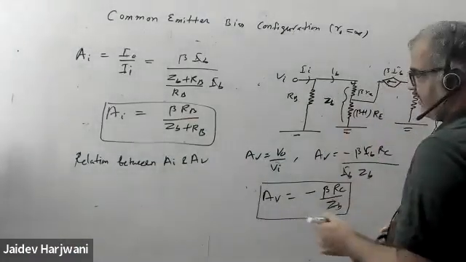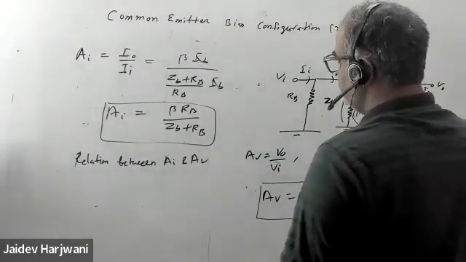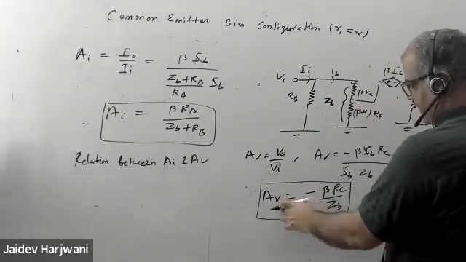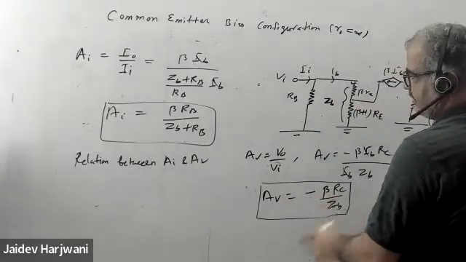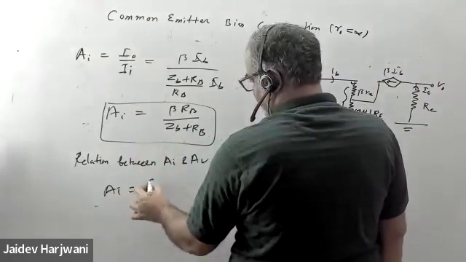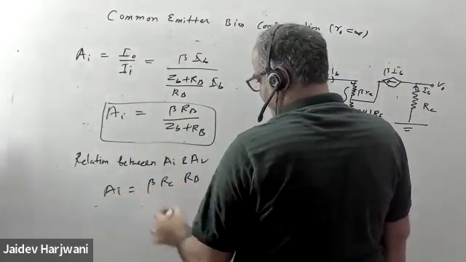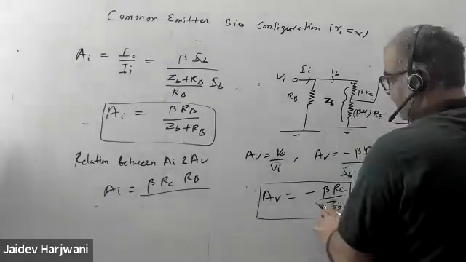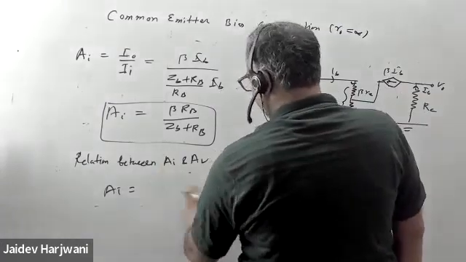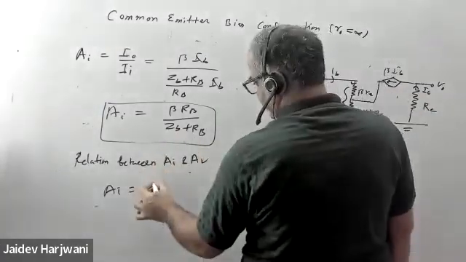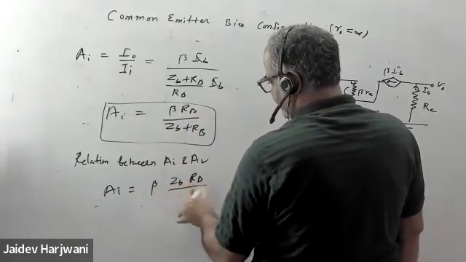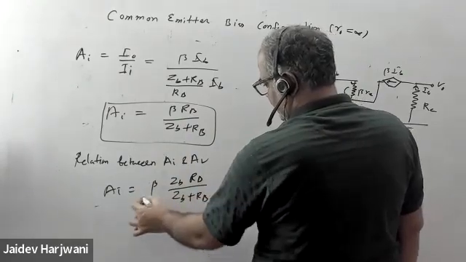From here itself, I can find a relation. So you know what my ZI is. AI you can write here: AI is beta RB upon ZB plus RB. You multiply by RC and divide by RC, or what I can do is bring beta here, multiply by ZB and divide by ZB.